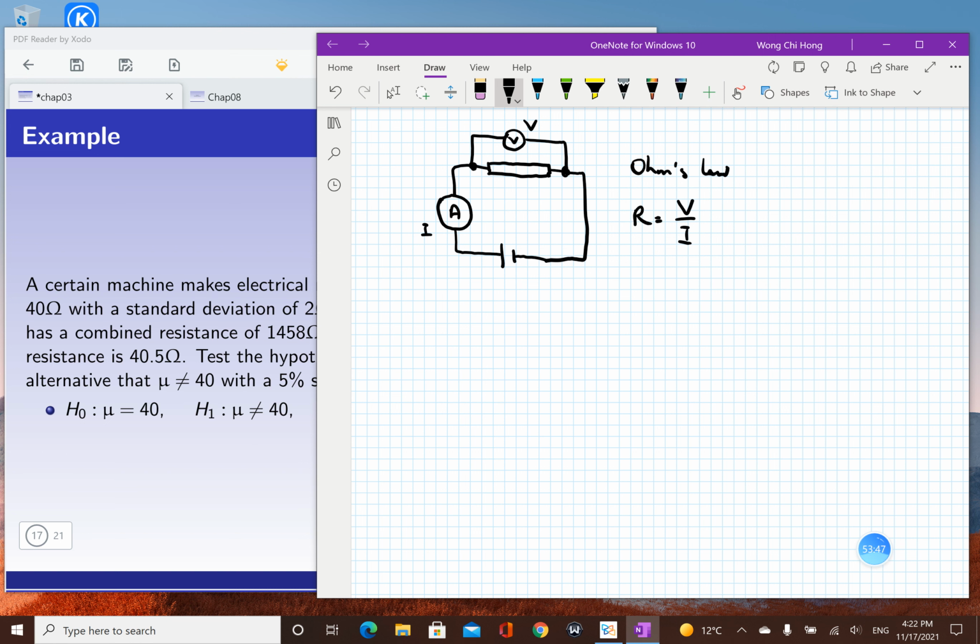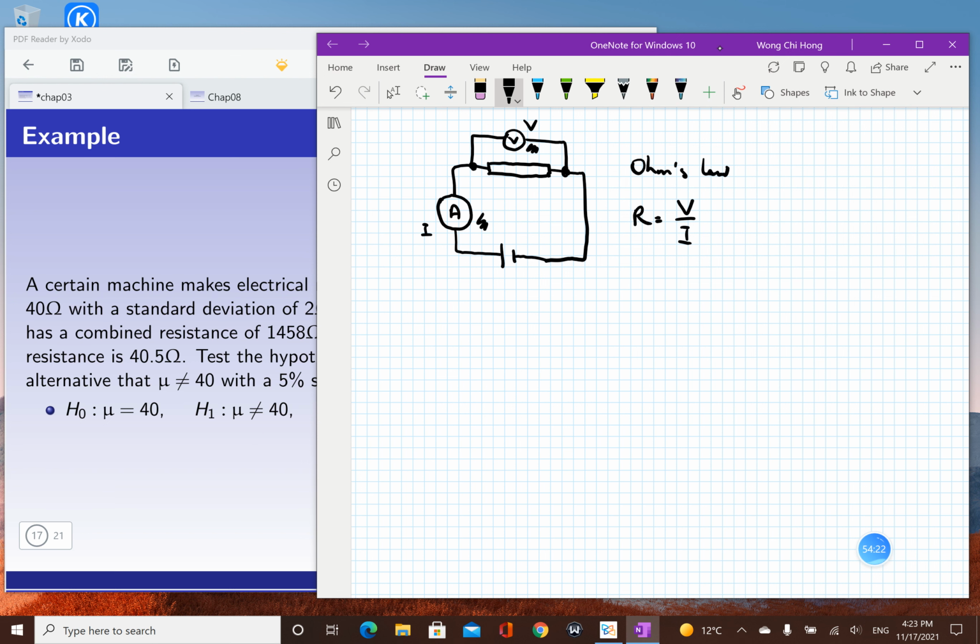But the thing is, many of you do experiments, and you know that any measurements that we have contain errors. Each measurement that we do has errors. So I've got 36 of these resistors. If we check the resistance for each one of them by connecting them to an ammeter and voltmeter, we're getting an error from here, and we're getting an error from there.